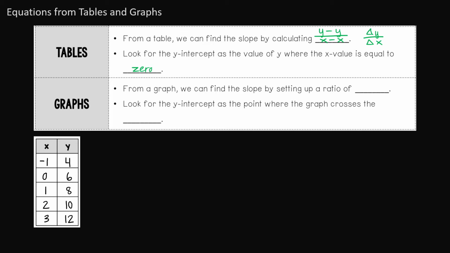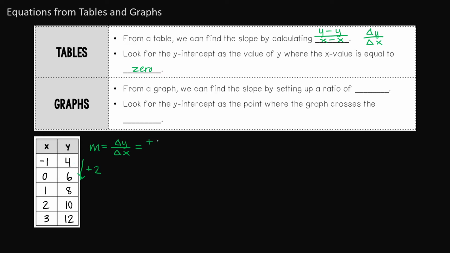So let's take a look at this table and let's try to write an equation from it. I want to find the change in y over change in x, and that's how I'm going to find my slope. So slope is change in y over change in x. Let's look at the change in y as I move down from 4 to 6. In order to jump from 4 to 6, I have to increase by 2.